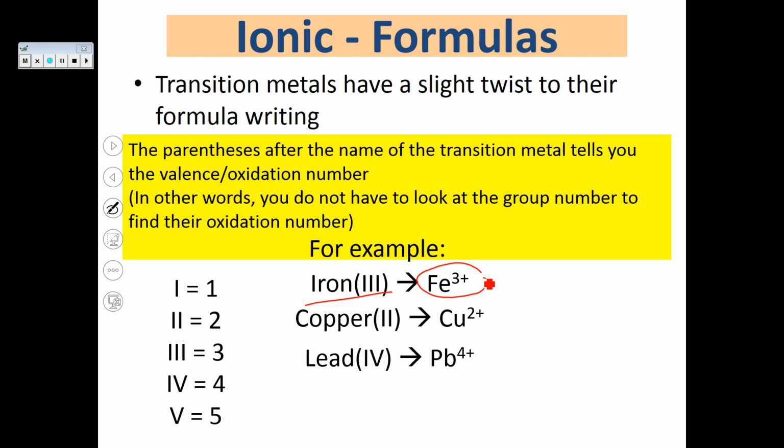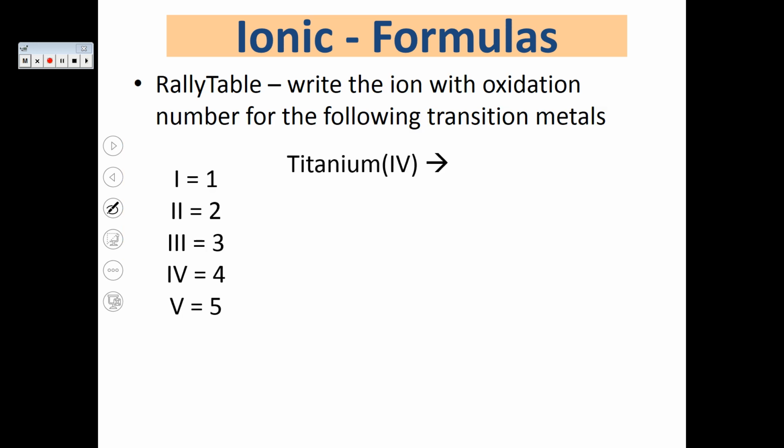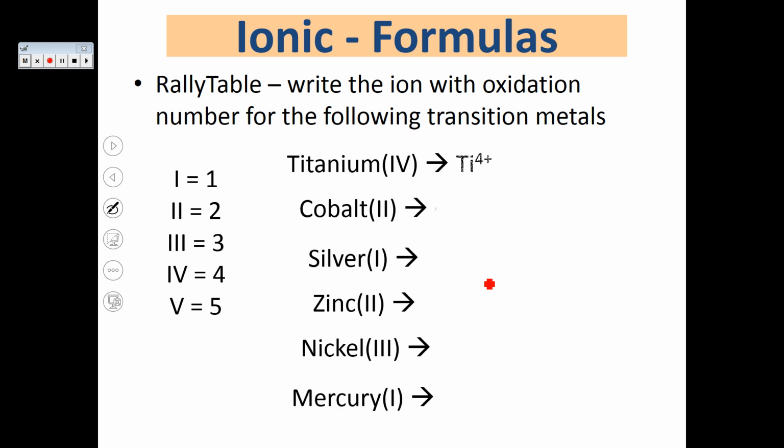Lead 4 becomes Pb4+, and silver 1 becomes Ag1+. Titanium 4 would be Ti4+, cobalt 2, Co2+, silver 1, Ag1+, zinc 2, Zn2+, nickel 3 becomes Ni3+, and mercury 1 becomes Hg1+.